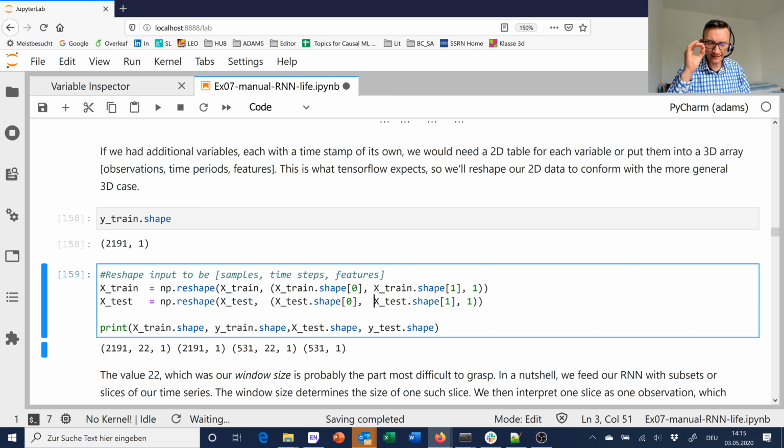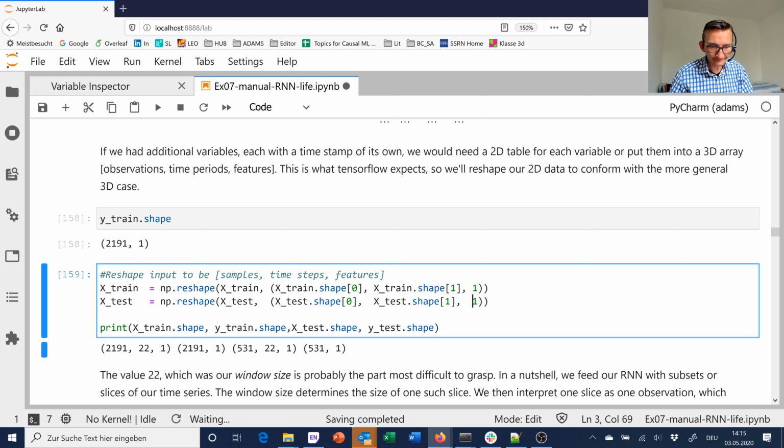If you think about it, for a single covariate, the price, the window size is equal to the number of features in our data. But we will not look at it in this classical way, and rather we'll see where we have one feature, which is a price, and for that feature, we have a sequence length or a time window of 22 observations.